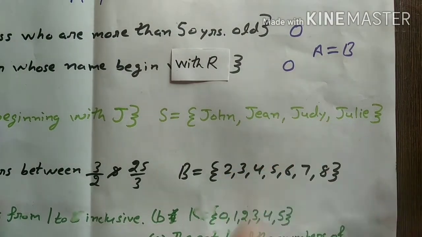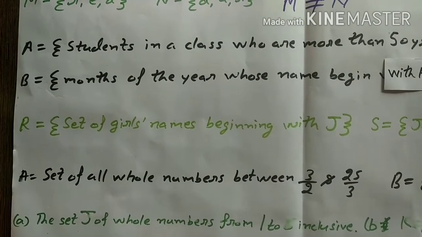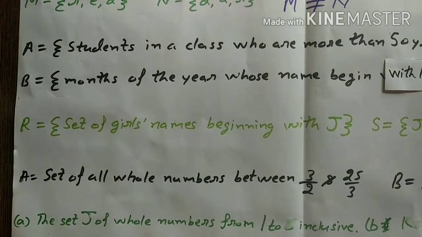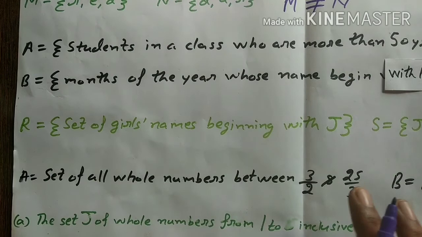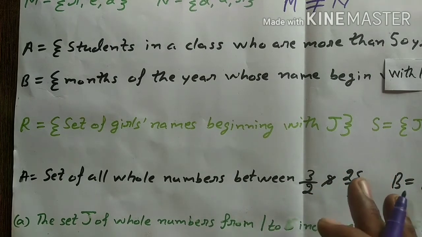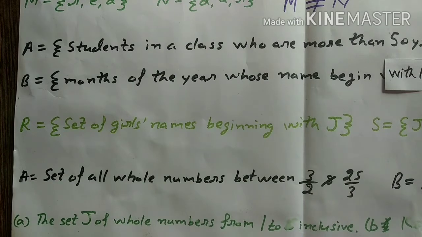Only 4 names are there, but we know that there may be various types of names. There may be more than 4 in counting, more than 6 in counting, more than 40 in counting.